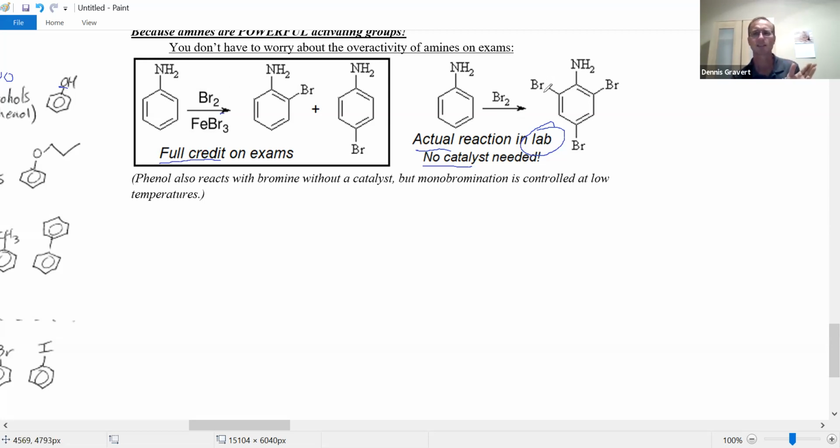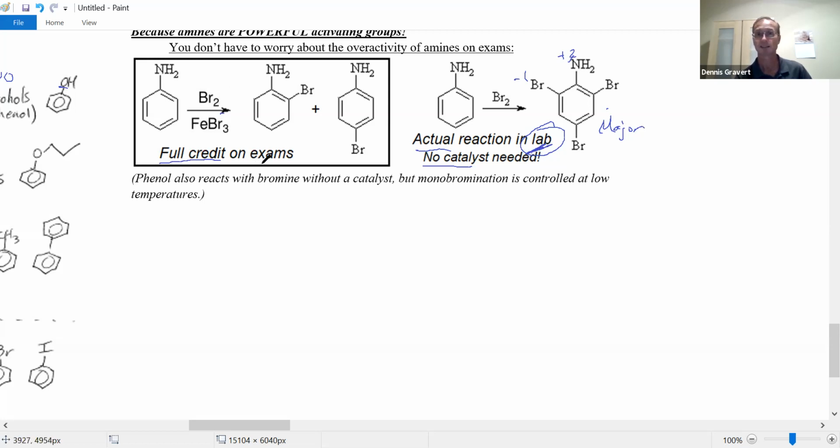Don't we just add it one time? No. Even though you add a halide, which is a deactivating group, the amine is so activating, this can react again and a third time with Br2 to get bromine in all three positions. That's your major product in the lab.